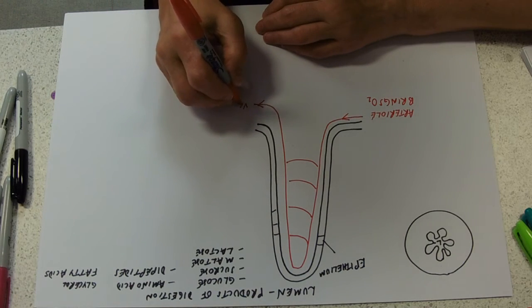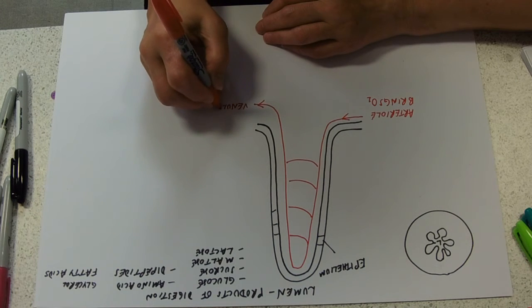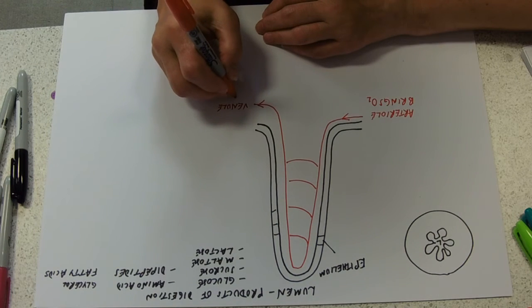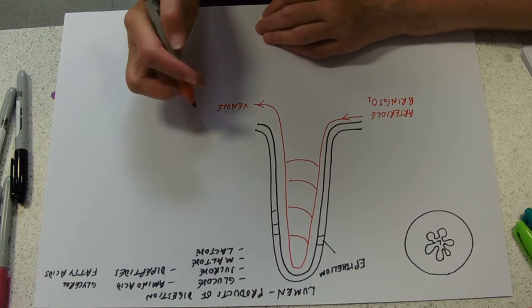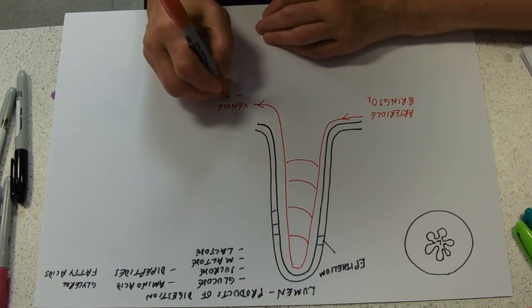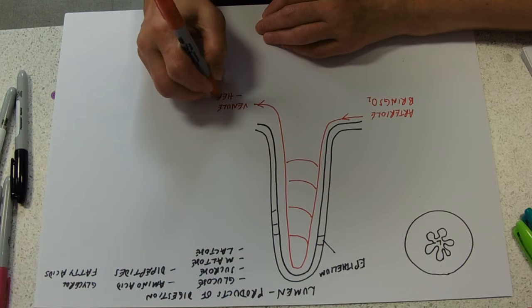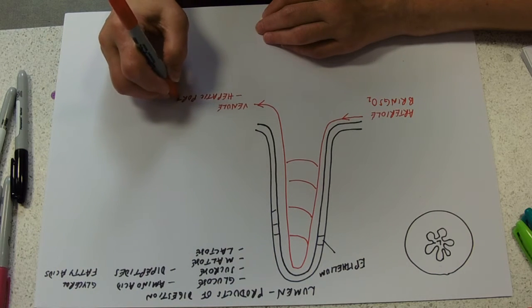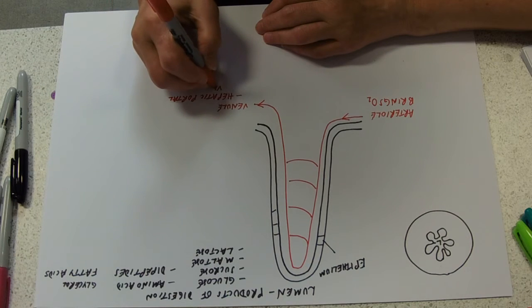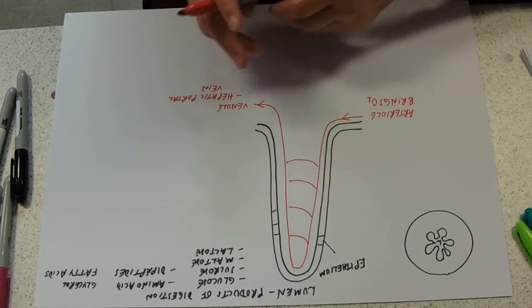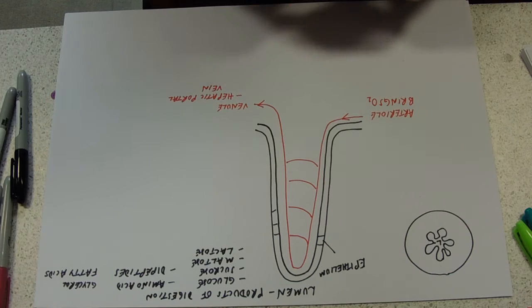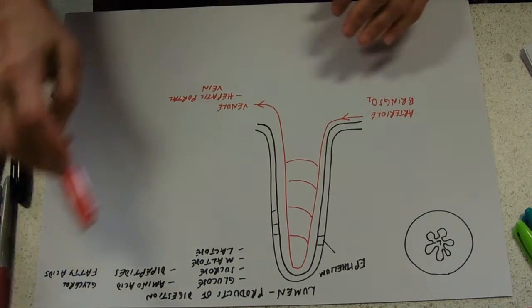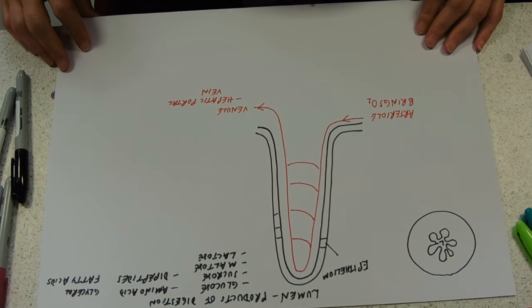And it's going to drain away into a venule, and this is important because this doesn't just drain back into circulation, this drains back into the hepatic portal vein. And hepatic, you may realise, means liver.